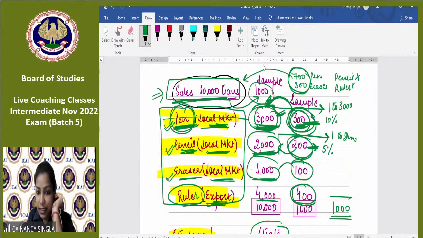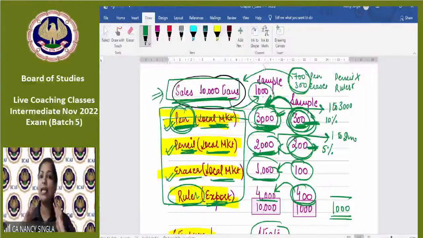Same way, this misstatement will be projected here and this misstatement here, and then a combined assessment of the 10,000 items, which are divided into 4 groups, 4 subpopulations, will give me a conclusion about the entire population.